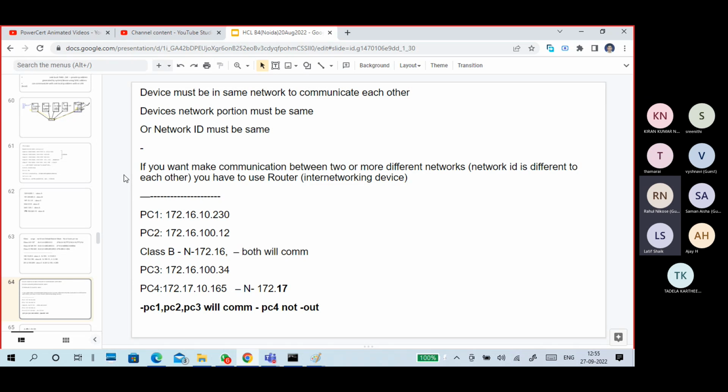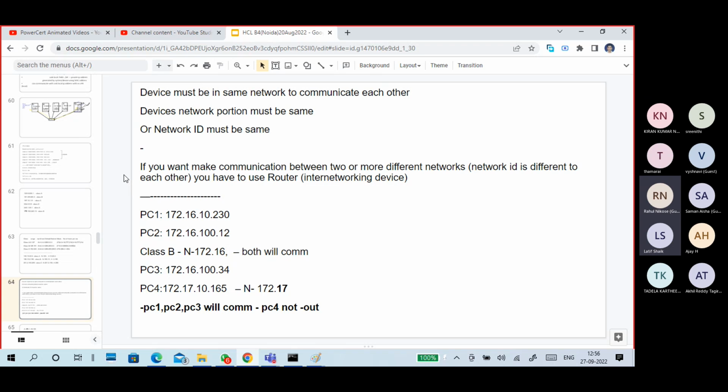So logical and physical networks should be separated. Of course, there are some other techniques also, but that is a different point. Here, physically they must be different networks and logically they are already different networks. We have to use the router to make a communication between two different logical networks.